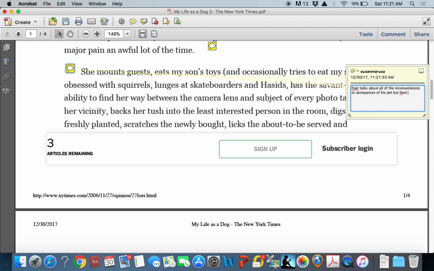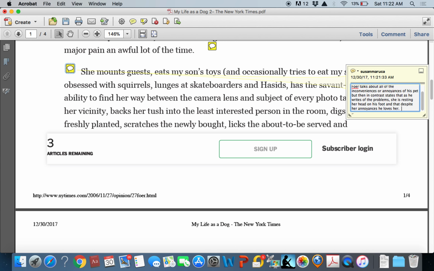But then, in contrast, states that as he writes of the problems, she is resting her head on his foot, and that despite her annoyances, he loves her. Please note that, as you can see, my sentences are run-on sentences.